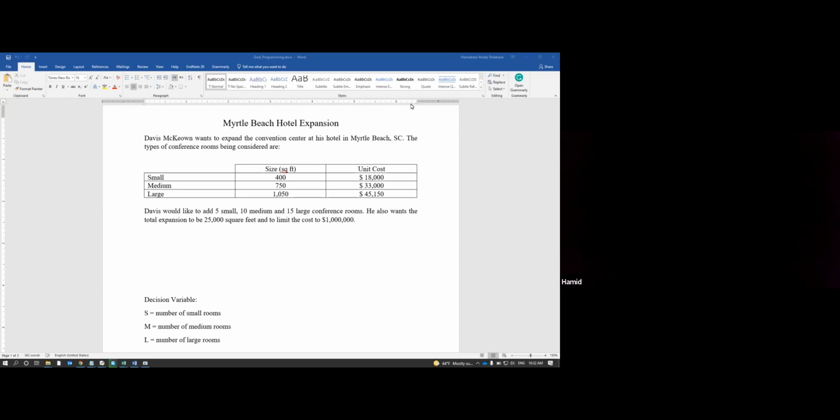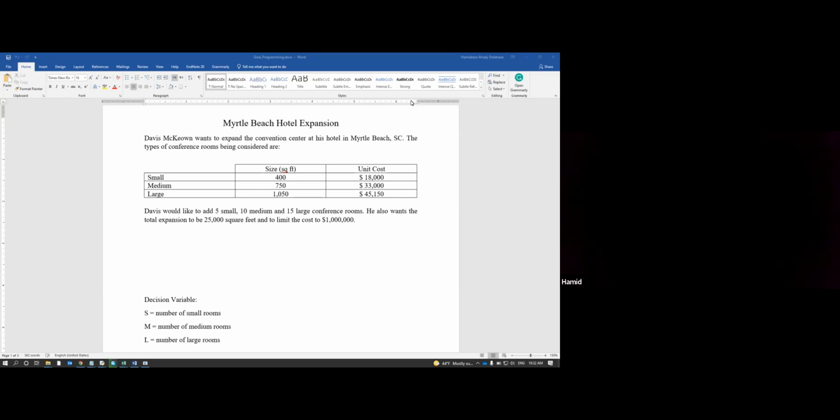So maybe we should decide how much deviation from the initial goals we should have. So we might have another decision variable that takes care of deviation from the initial goal.